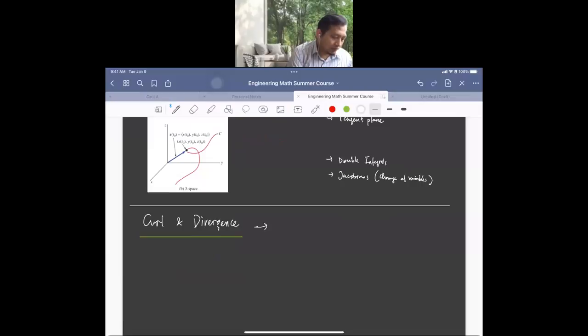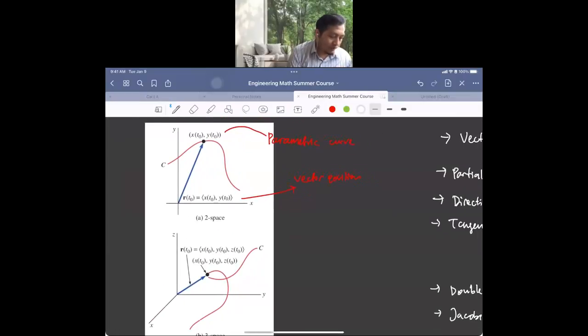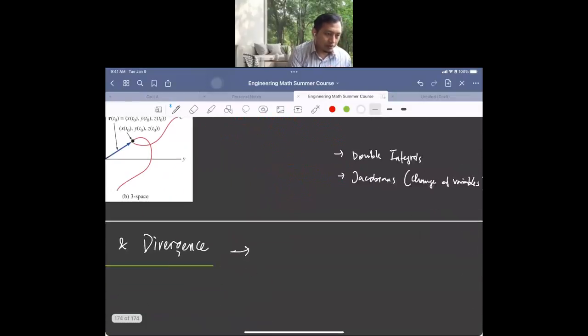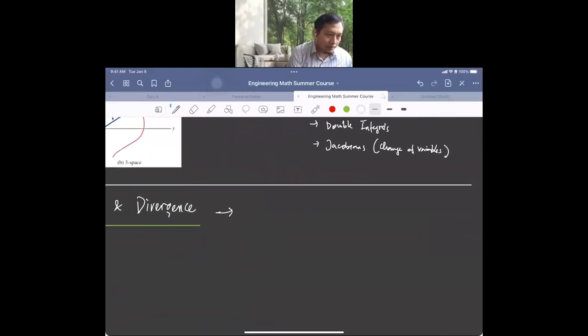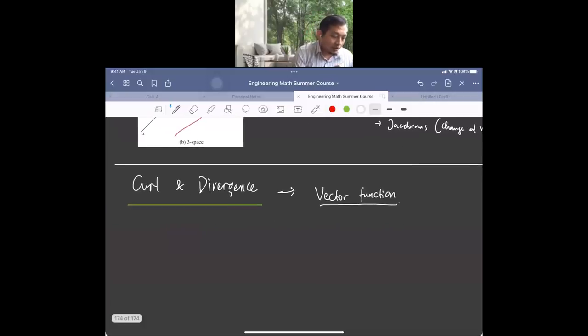Recall from here, we may write a vector function through our parametric form. Let me write vector functions, and define this vector function as a vector field.